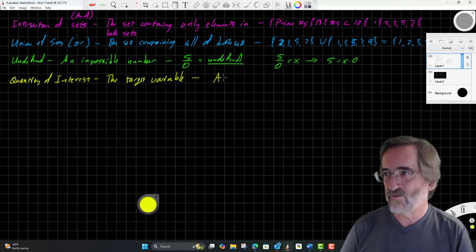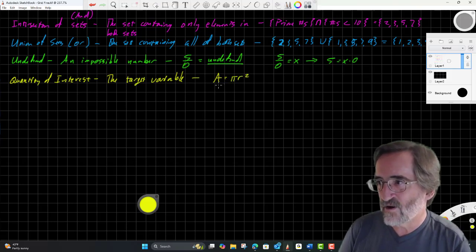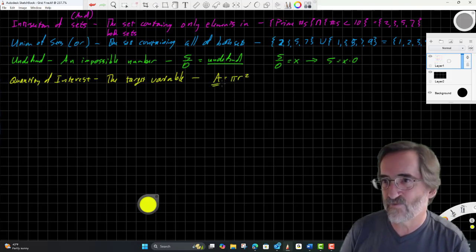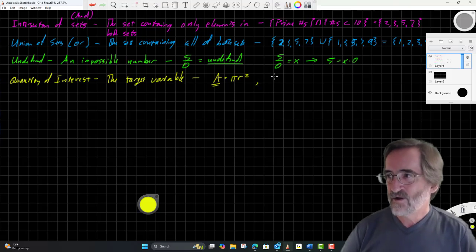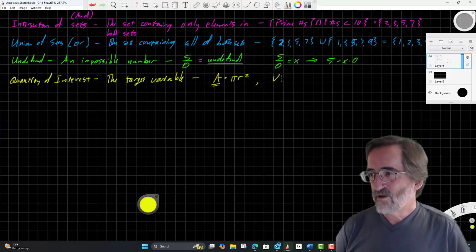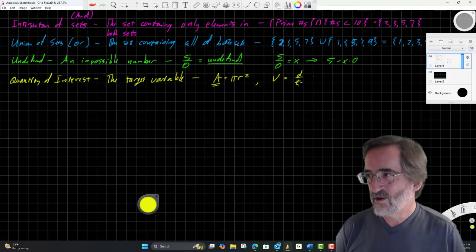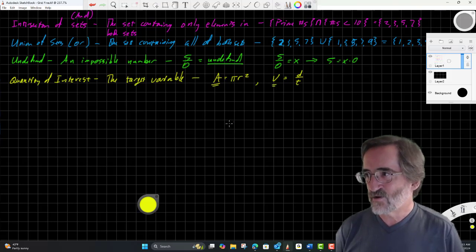So in the formula A equals pi r squared, area is the quantity of interest. In the equation velocity equals distance divided by time, velocity is the quantity of interest.